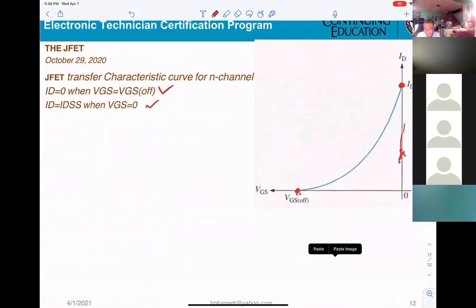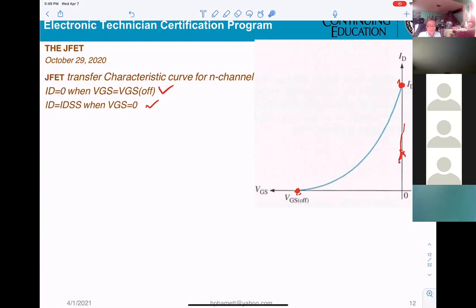Okay, now the next one they give you: the JFET transfer characteristic curve for an N channel. You get a point right at this point here, IDSS. At this point, what does VGS equal? Zero. You're going down, right? VGS equals 0.